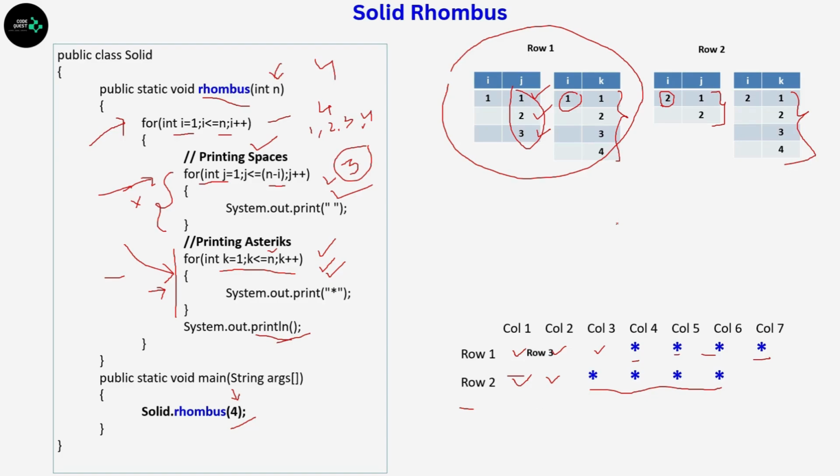and the outer loop begins with I value 3 now. For I value 3, this j loop is going to start with 1 and n minus I means 4 minus 3, that is 1. So 1 less than or equal to 1 means only once I am going to get a space. Whereas the k loop, as I said earlier, is going to print a fixed number of asterisks, that is 4 asterisks.